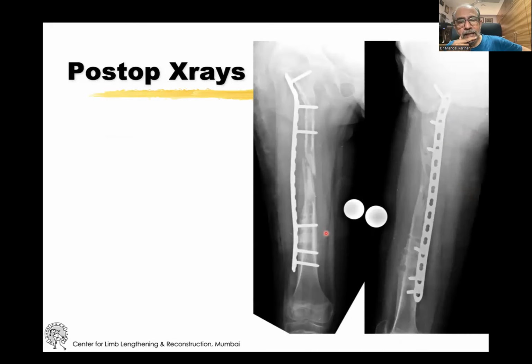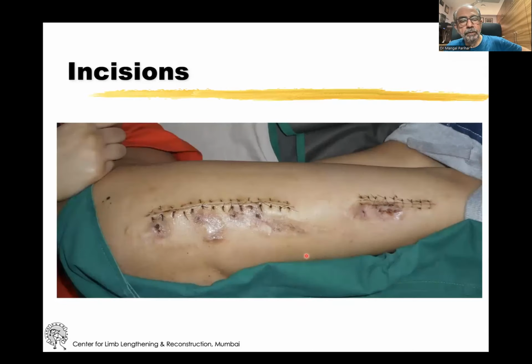Now, this plate doesn't have to be fully apposed to the bone because this is a locking plate. So you've got just 3 pins in the proximal fragment, 3 pins in the distal fragment, a little bit of contouring so that it's not standing too far away, but it doesn't have to be absolutely laid to the bone.